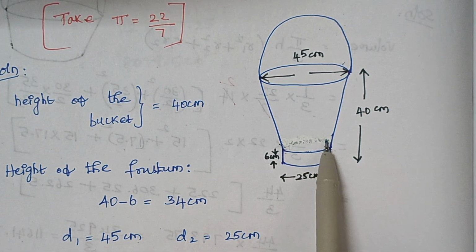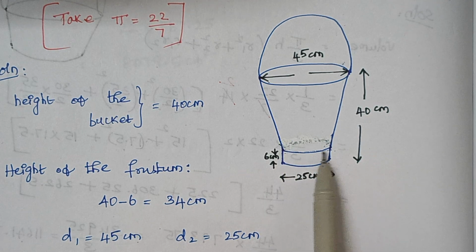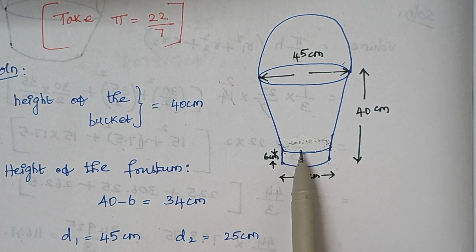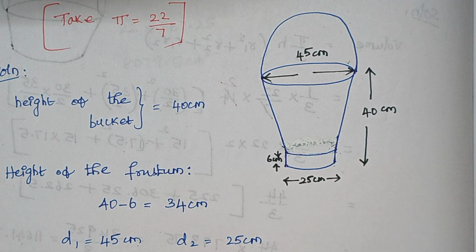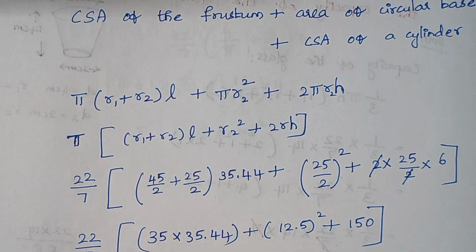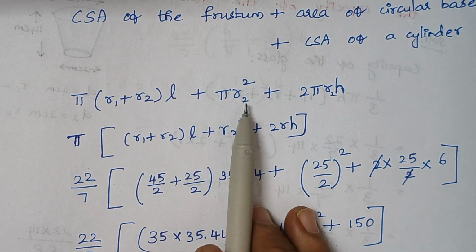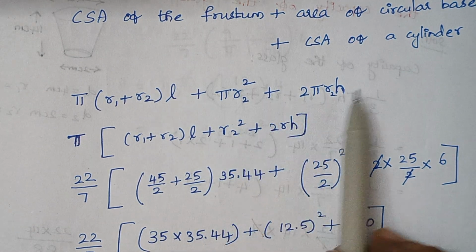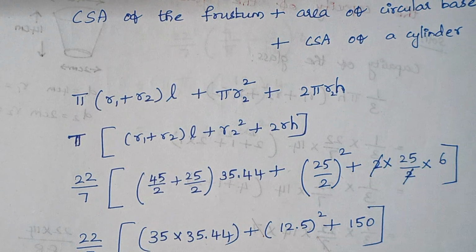This base resembles the area of a circle. Therefore the formula is pi r2 square, because this is our r1 and this is our r2. So here it is pi r2 square plus the curved surface area of the cylinder.